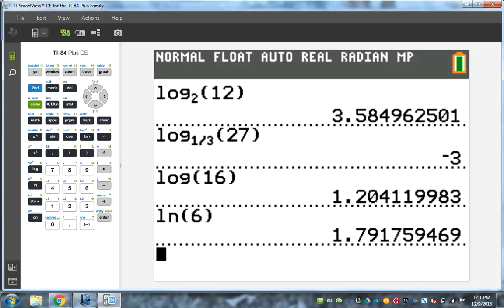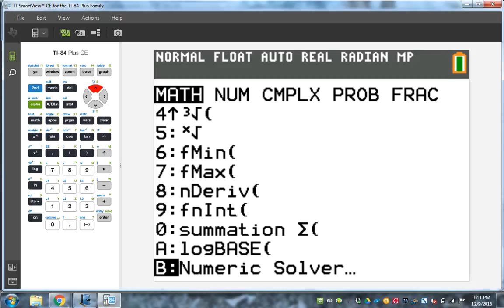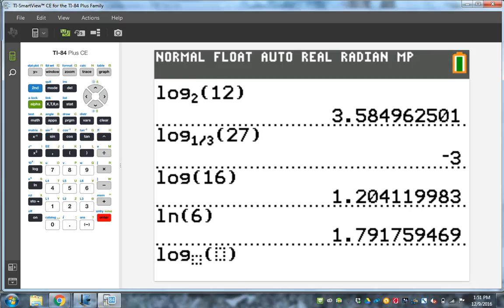All right, so how do you get it to do a log base 2? You go to math, press the up arrow to find this little thing called logBASE. Click enter, and it gives you a place where you can put a base 2 and the 11 there.